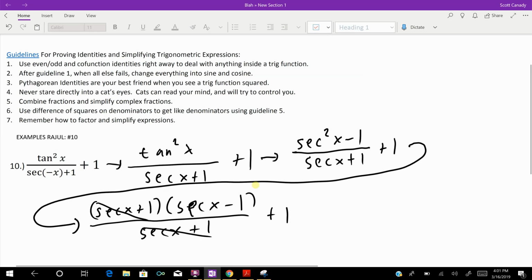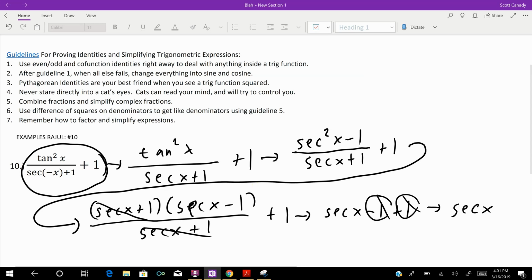We can cancel these out. That's going to become secant of x minus 1 plus 1. The ones are going to cancel out. And that's going to become secant of x. So that means that this horrible looking expression here was simplified all the way down to secant of x.